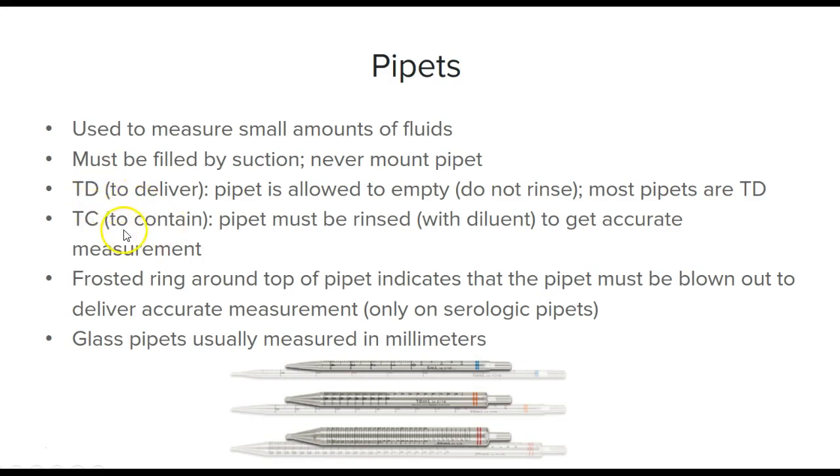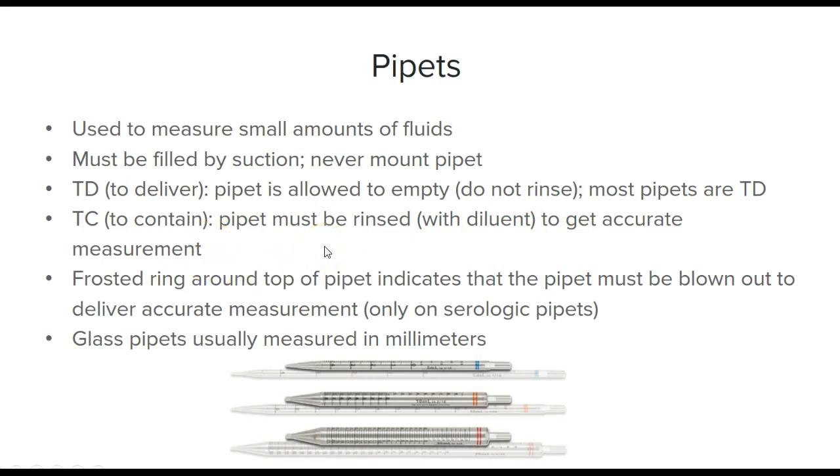Okay, so there's two types of pipettes, a TD, which stands for to deliver, and a TC, to contain. So the ones that are TD, the pipette is allowed to empty. You don't rinse it, and most pipettes are TD. The to contain has to be rinsed with diluent to get an accurate measurement.